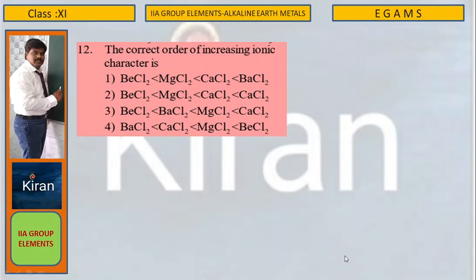On the basis of that, you will get the first option only. The order is beryllium, magnesium, calcium, strontium, barium. The right option is the first one, because of the higher atomic size of barium, it is easily ionizable. It loses electrons easily, so that it gets ionized.